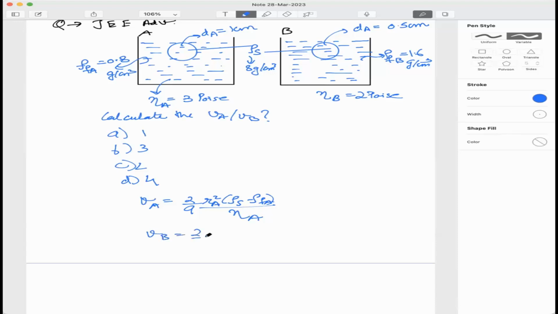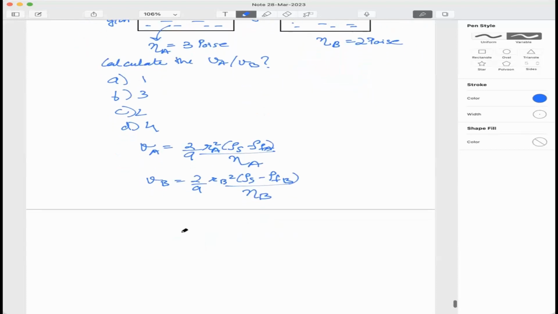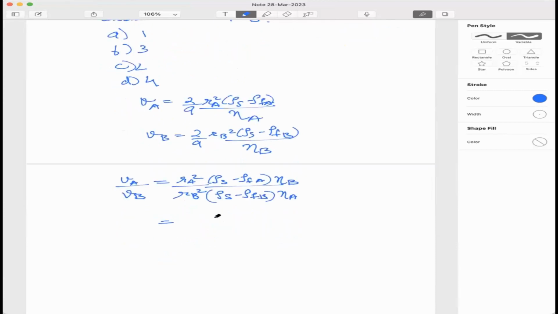Similarly, VB is 2 by 9 RB square times rho solid minus rho FB by eta B. So VA by VB is RA square by RB square times rho S minus rho FA divided by rho S minus rho FB, times eta B by eta A. So let's put the values.